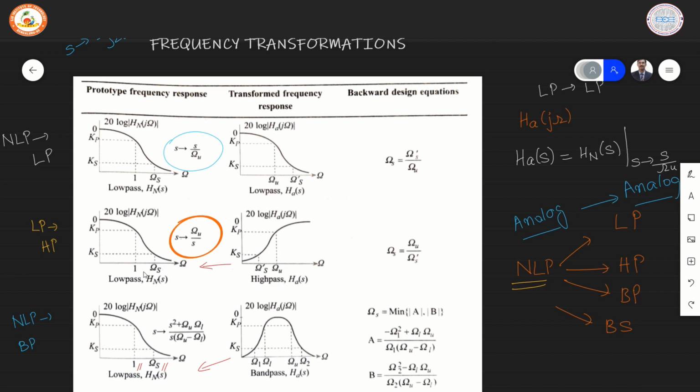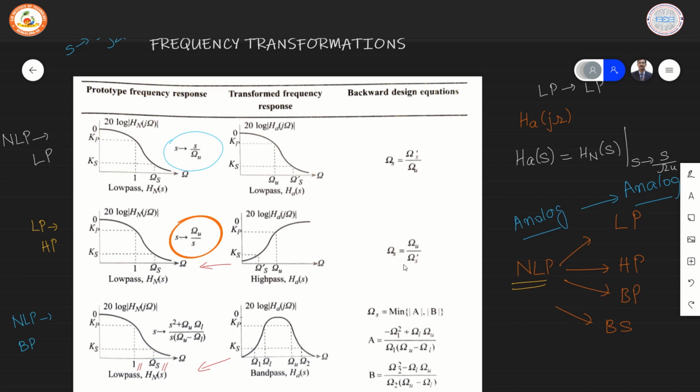Therefore, the frequency which appears first is designated as the stop band. Now, not to confuse with the value of omega s, we indicate this value as omega s dash. And the upper frequency is called omega u. Therefore, the transformation from low pass to high pass is substitution of s with omega u by s in the normalized transfer function.